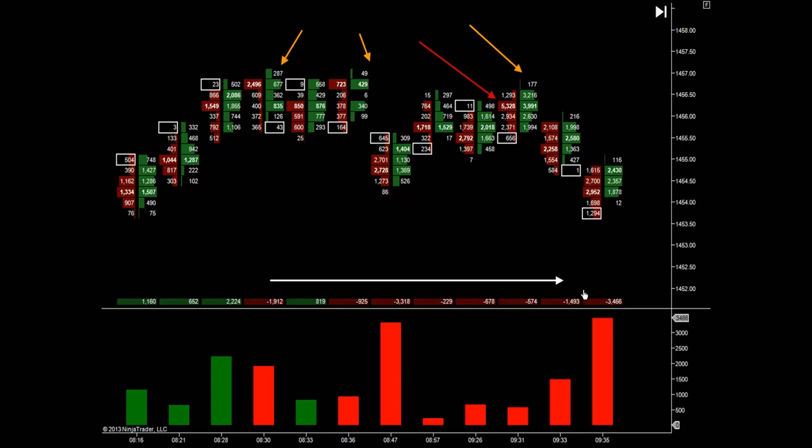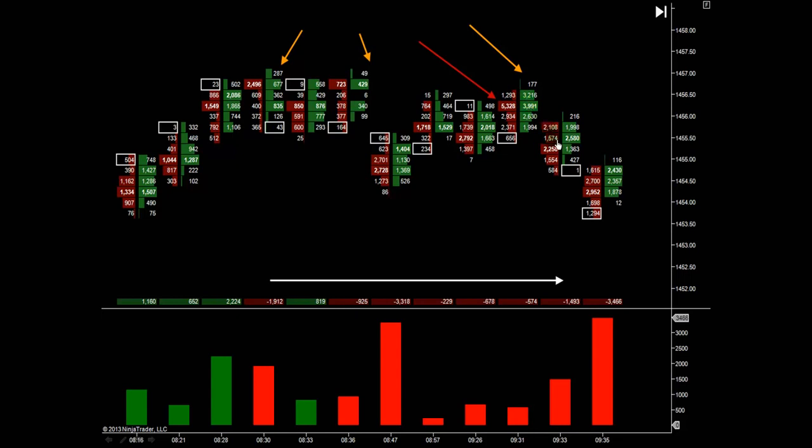Now, in this example, while we do have sellers stepping in, this is a trading range and it's not a huge range, so you've got to use your discretion a little bit here. Should you fade the top of the range when you see the buyers aren't interested, or should you wait for the sellers to step in?